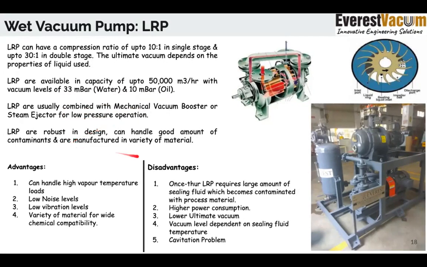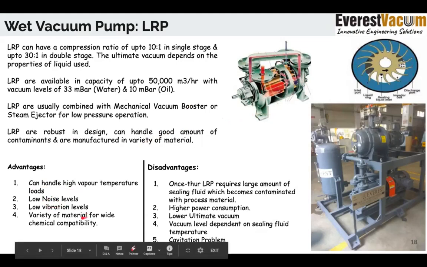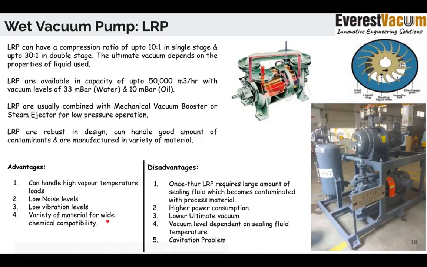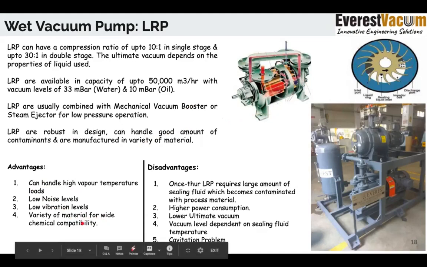The liquid ring vacuum pumps are robust in design, can handle a good amount of contaminants, and the basic advantage is they are manufactured in a vast variety of materials. Some advantages: they can handle high vapor temperature loads, they offer low noise levels, low vibrations, and a variety of materials for wide chemical compatibility.